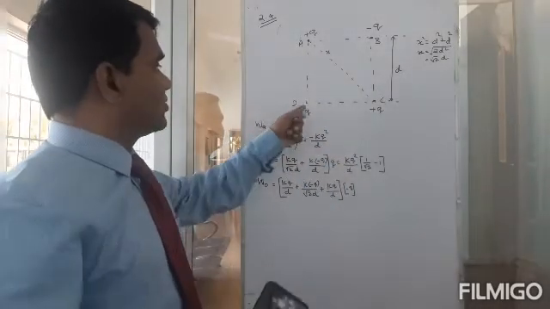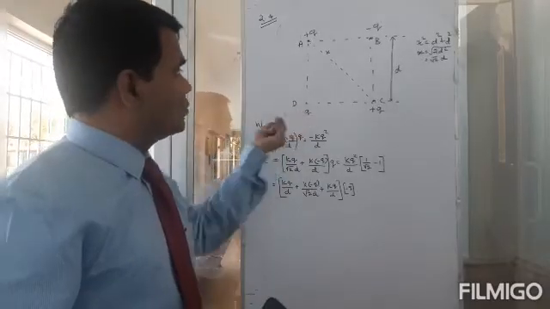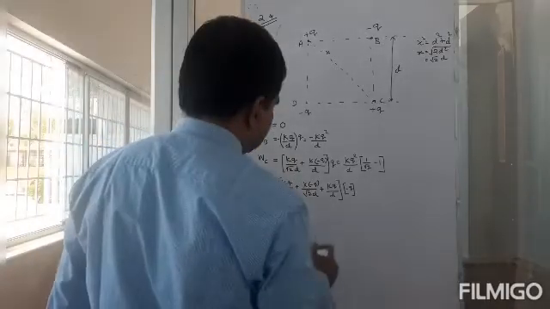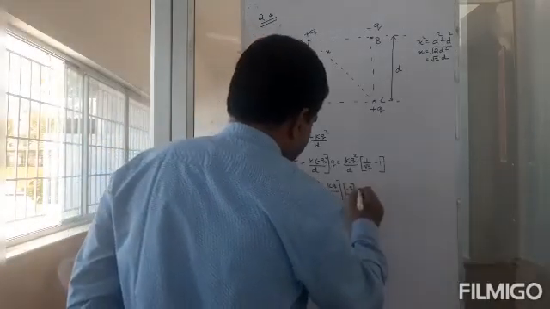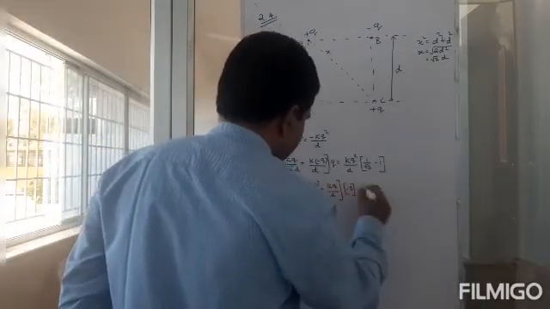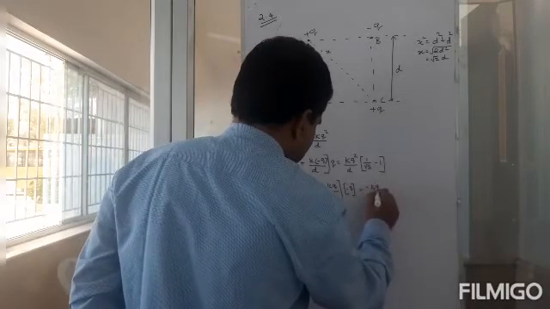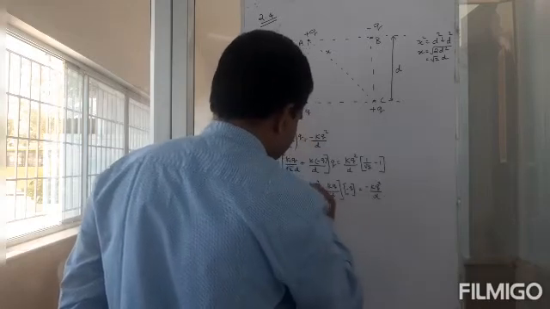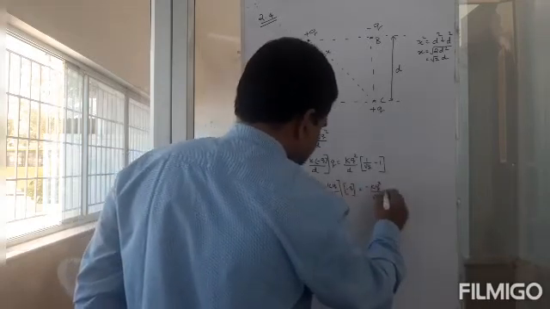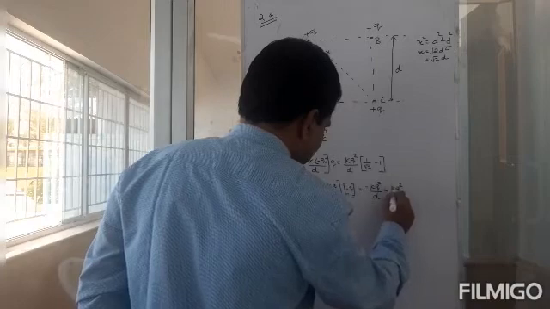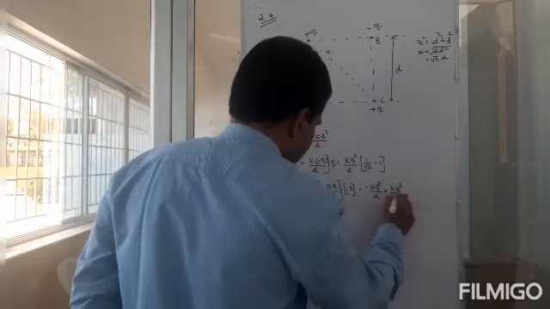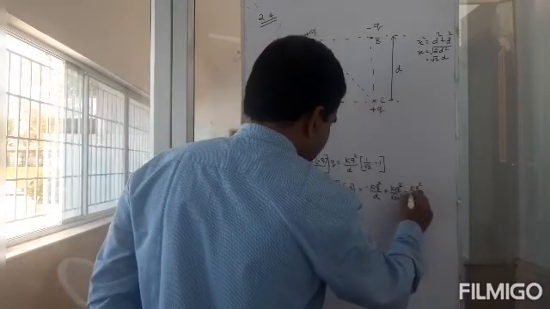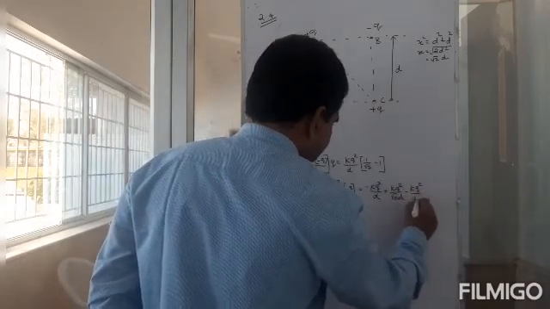That should give me the work I need to do to bring this charge. Right? So what do I get here? I'm going to get minus kq squared by d, that's the first thing, and then minus of minus, plus kq squared by root 2d, and then minus kq squared by d.